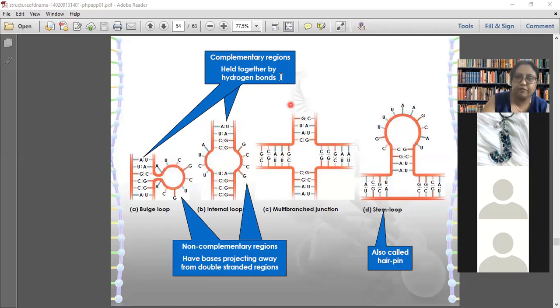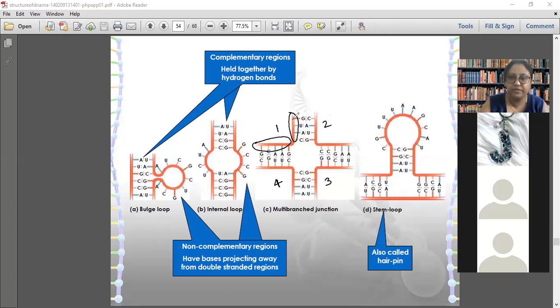Here you can say 4 RNA strands are there. All 4 have alternate complementary structure. For example, this one has this part complementary to 4 and this part complementary to 2. Understood?